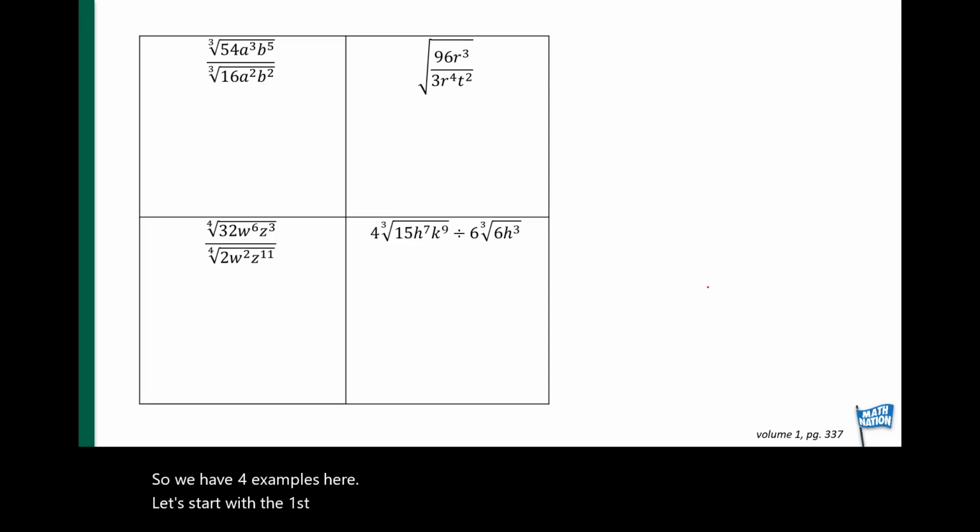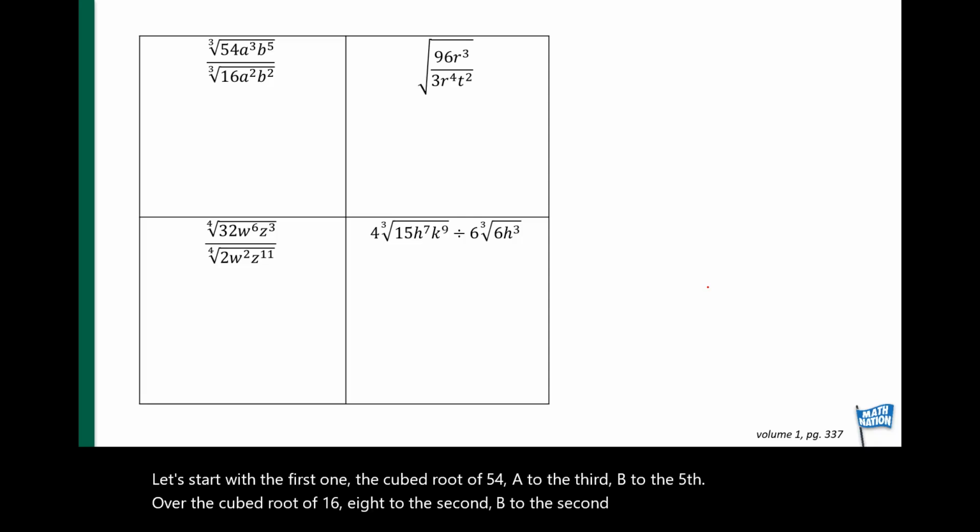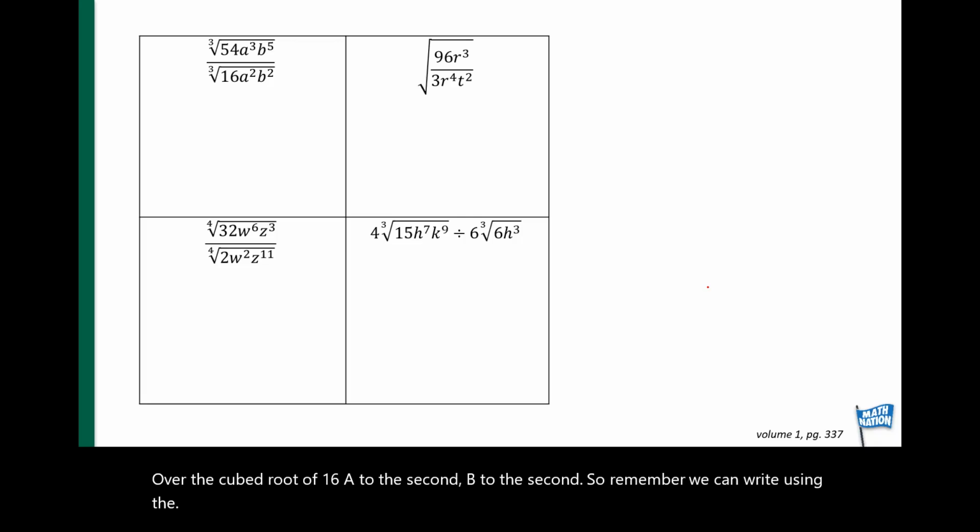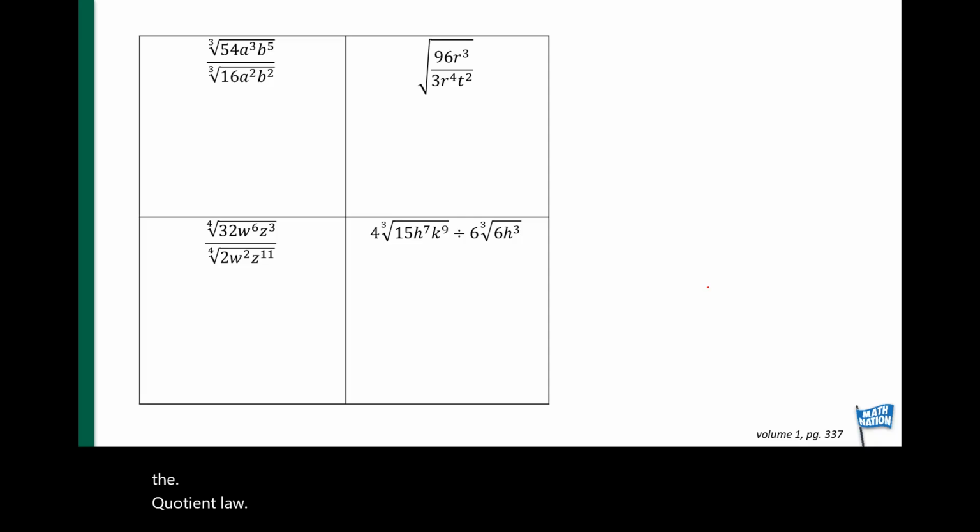The cubed root of 54 a to the third b to the fifth, over the cubed root of 16 a to the second b to the second. So remember, we can write this using the quotient law of radicals.